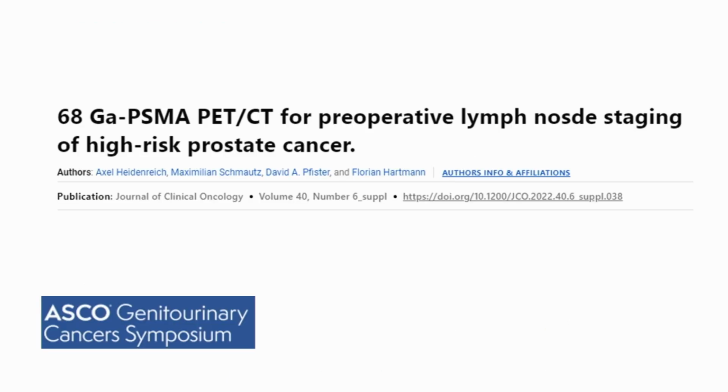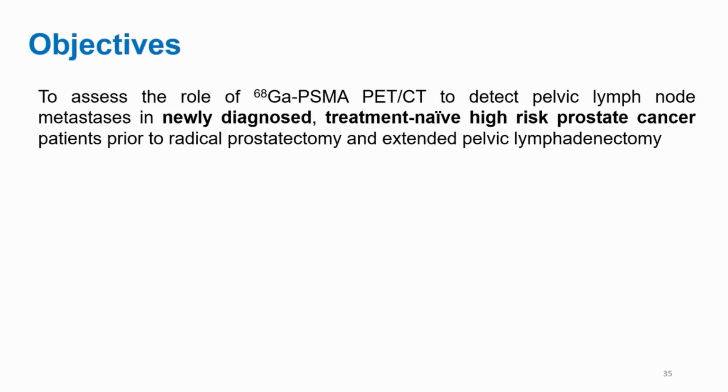And then Dr. Heinrich's study of 68 gallium PSMA PET, and the role of this study was to assess the role of gallium PSMA PET to detect pelvic node metastases in newly diagnosed treatment-naive high-risk prostate cancer patients prior to radical prostatectomy and extended lymphadenectomy.